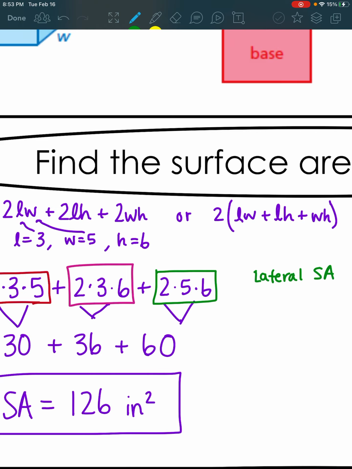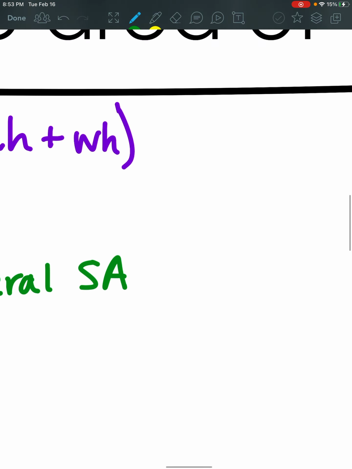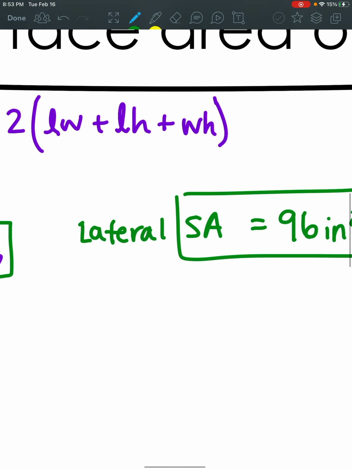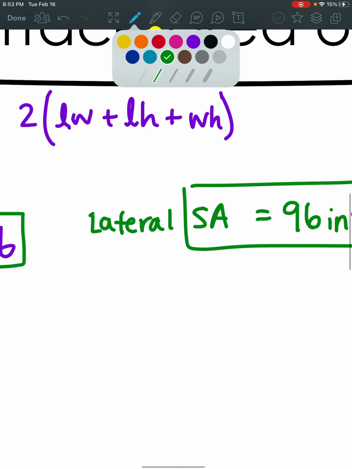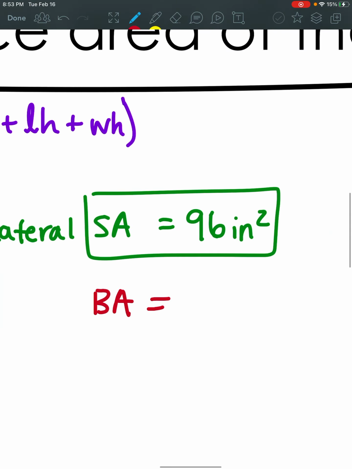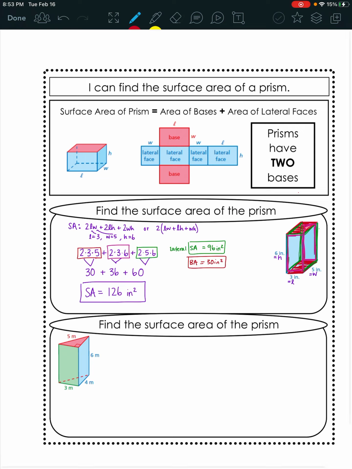So that would include your 60 plus 36, so that would be 96 square inches. So be careful, always make sure you notice what they are asking for, and maybe they're just asking for the base area. The base area then would just be the 30 square inches. So just giving you some extra examples of different types of examples you may see.